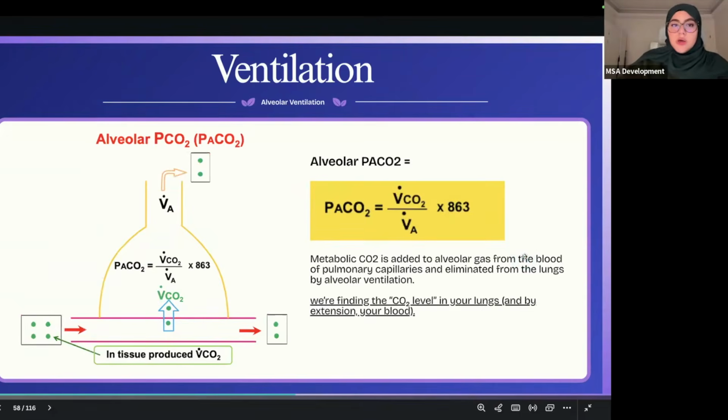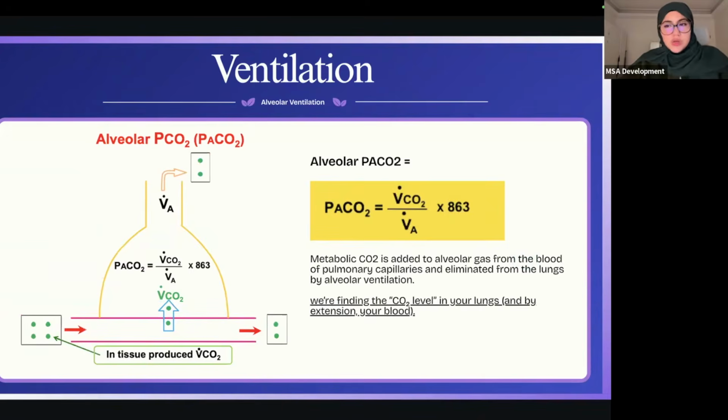Now, what if you want to calculate the alveolar partial pressure of CO2? And this is basically after it's been exchanged, right? And so how do you know this? There's a metabolic component of CO2 that gets dumped into the alveolus, and there's also alveolar ventilation. So how much is getting exchanged and how much is going back up.